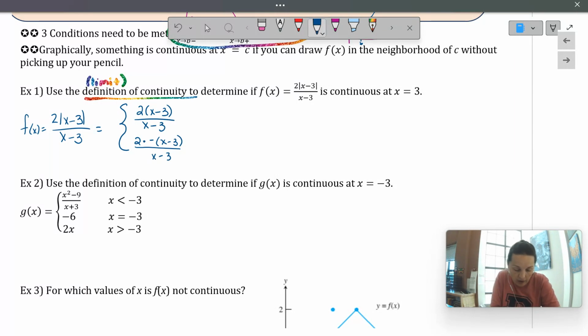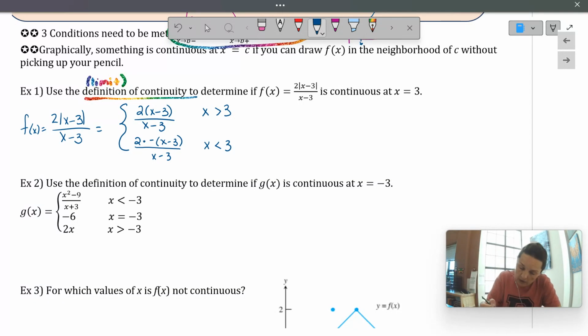And you say, okay, x minus 3 on the inside is already positive when x is greater than 3, and negative when x is less than 3. Now what about when x equals 3? Oh, x can't equal 3 because the function doesn't exist at 3, because I'd have a 0 on the bottom.